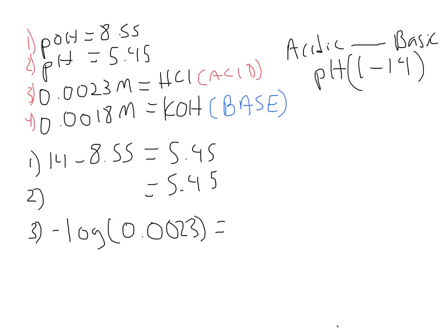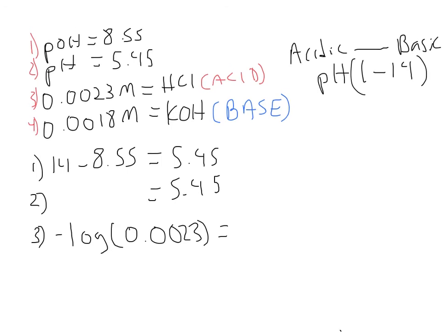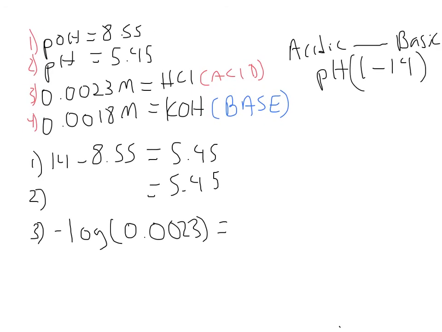Now, what does that equal? That equals a value of 2.63. And is that the pH value, or is it the pOH value? Well, you see, 0.0023 was associated with HCl, which is an acid. So when we do the negative log of that, it's going to give you the pH value.